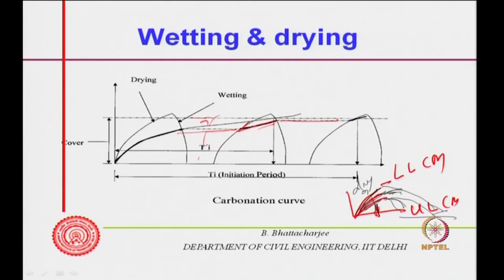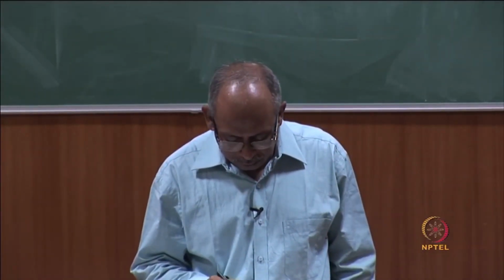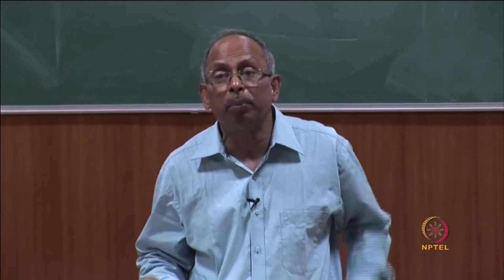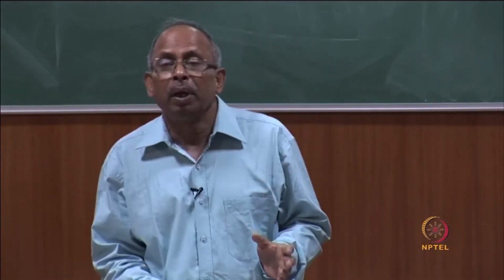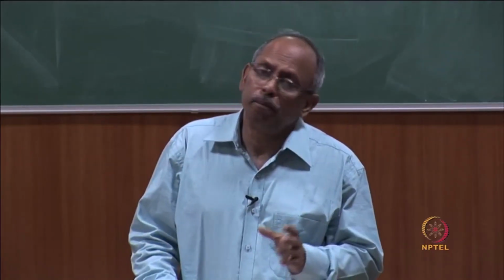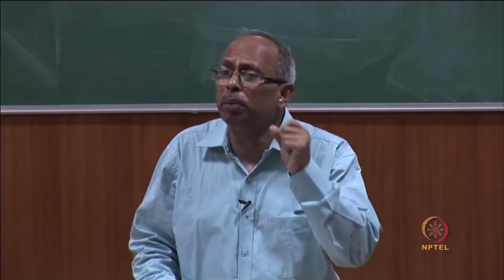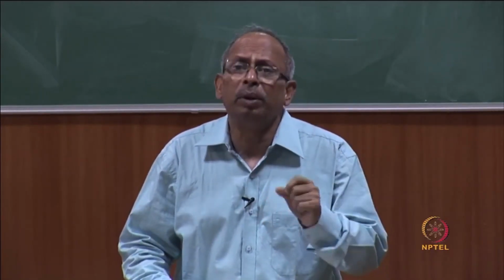Modeling that is relatively difficult, and people have not done any modeling on those so far. But in the Indian tropical scenario it will be like that. Consider, let us say, any part of the composite monsoon climate of central and northern India.